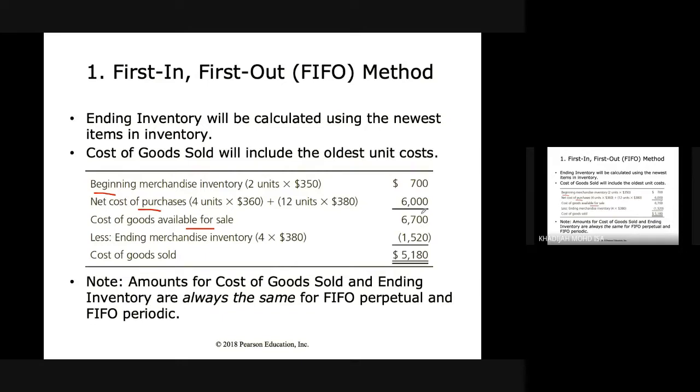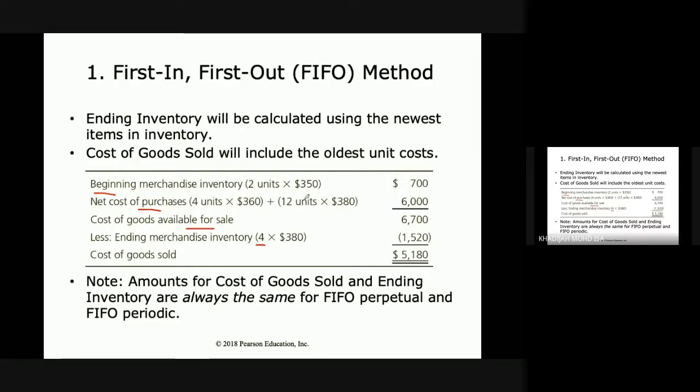So how do you know your ending inventory? This is 4 units. How do you know it's 4 units? Normally, under periodic, you will have to do a stock take. But using the same information in the table, you have 2 plus 16, so 18 units available.